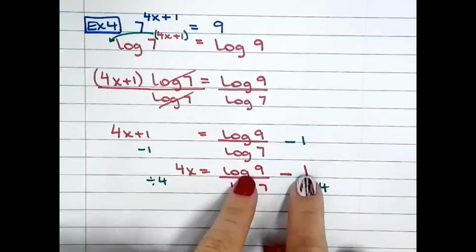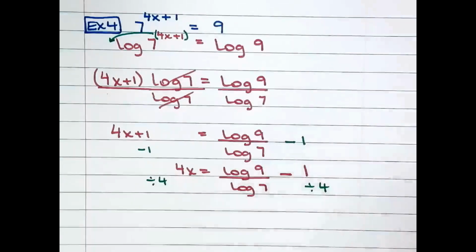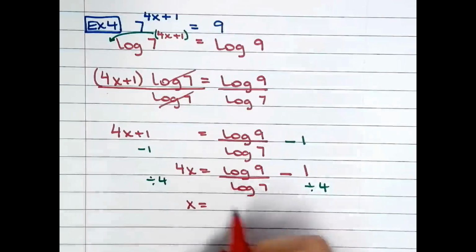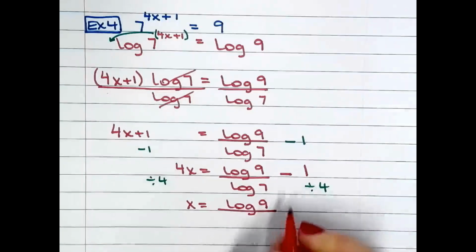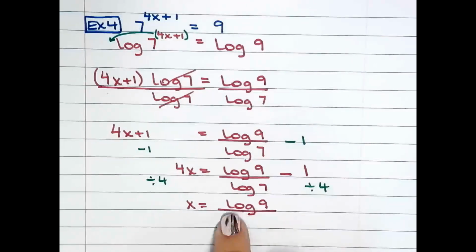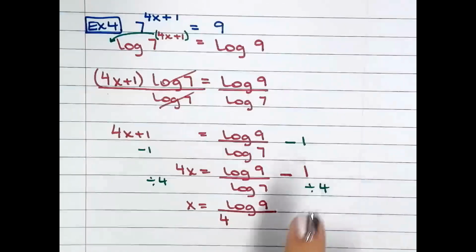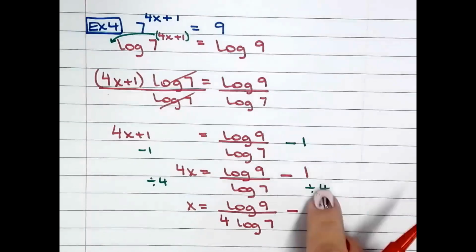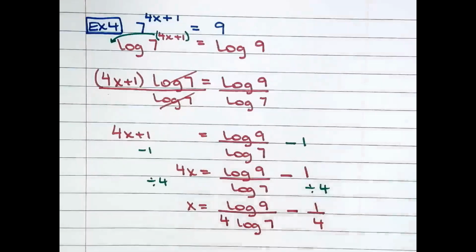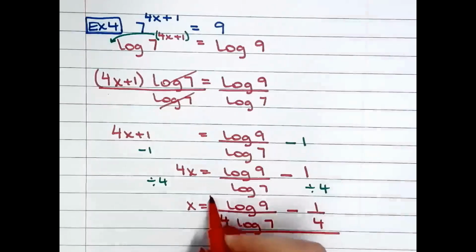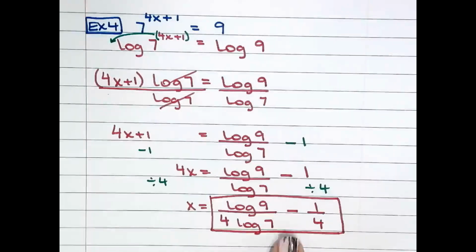And by both sides, I mean this term and this term. So log base 10, or common log, of 9 over 4 log of 7, minus 1 divided by 4, 1/4. And you're going to leave your response like that. Or if it's decimals, you're going to round it to 3 decimal places. I will see you next time.